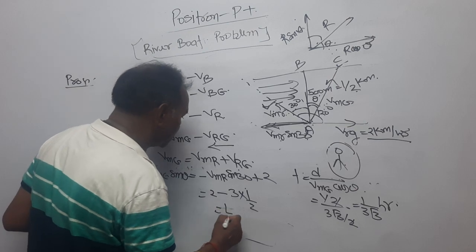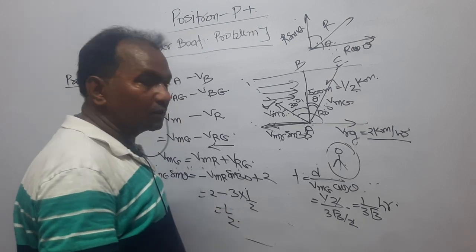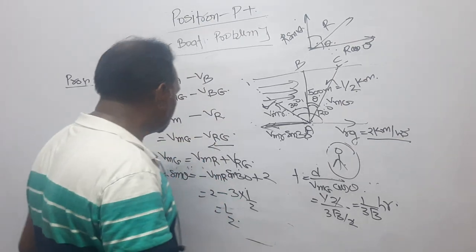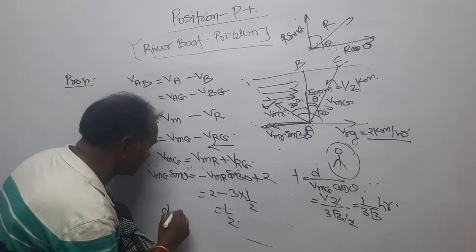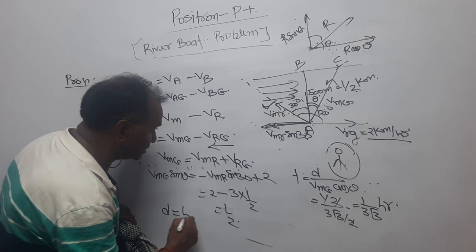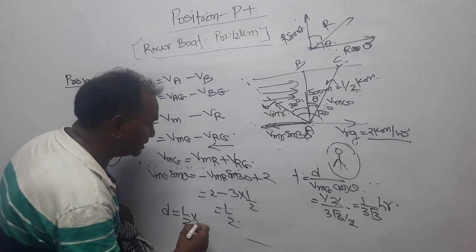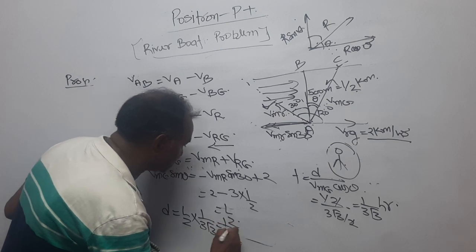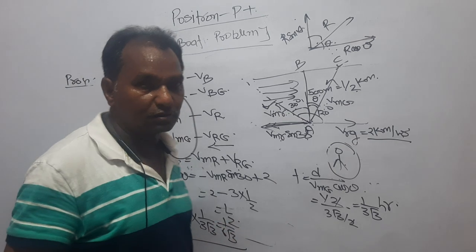So again 1 by 2, right? So the horizontal drift is equal to the net horizontal velocity into the time taken in crossing the river, that is 1 by 6 root 3. In this way you can solve it, right?